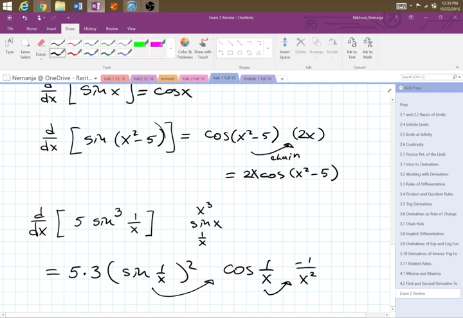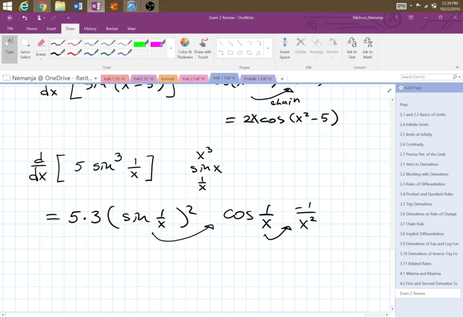Very good. So now the grand total over here is negative 15 over x squared, sine squared of 1 over x, times cosine of 1 over x. Happy?